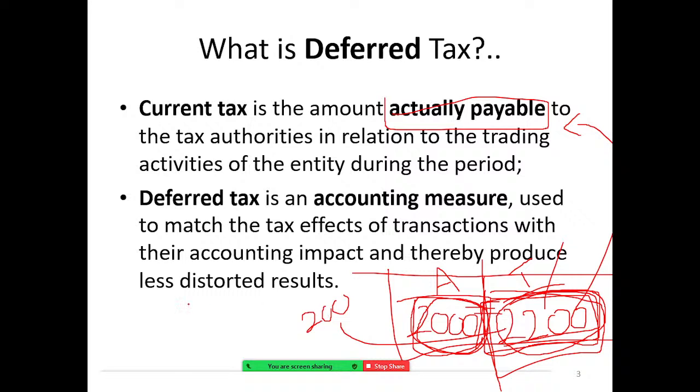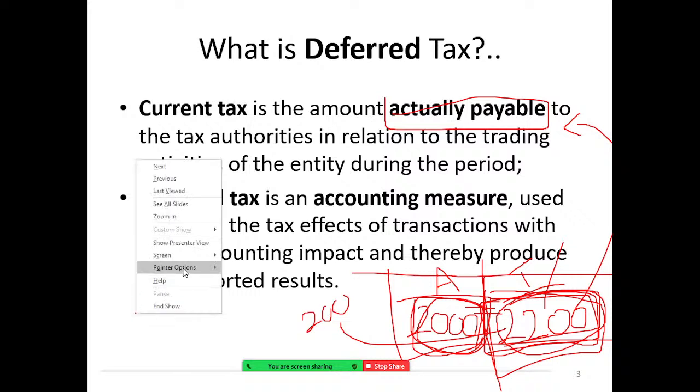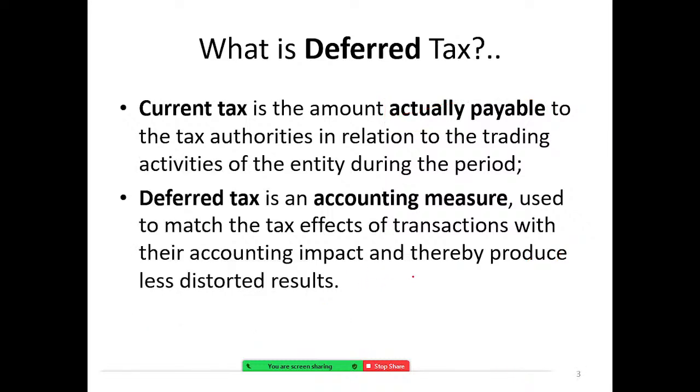So this example may confuse you, I think, right? I will do the example the other way around. Accounting profit, say 10,000, and the taxable profit is 8,000.